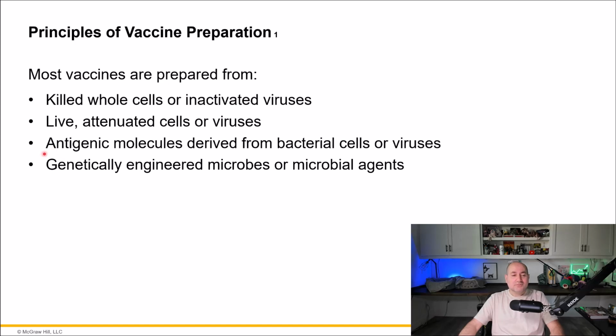Vaccines can come from antigenic molecules derived from bacteria cells or viruses. So imagine, for instance, instead of injecting you with the whole virus, they just inject you with the spike protein from the virus only. In fact, that's how the COVID vaccine works. And also genetically engineered microbes or microbial agents as well. These are 4 common preps for different vaccines.